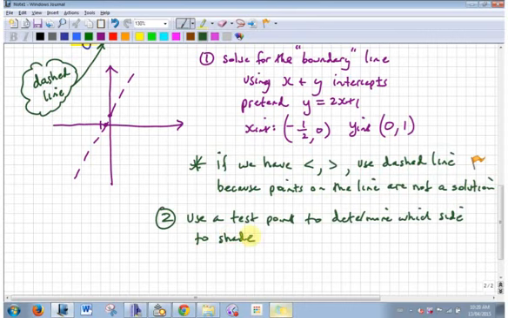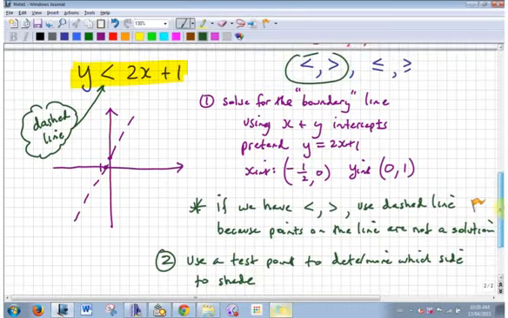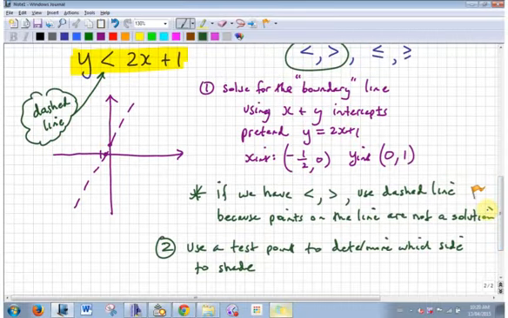The shaded part's going to be the solution area. So, what point do I want to use? I can use any point I want. If it works in this equation, then it's a solution point, and I'm going to shade the side where that point is. And if it doesn't work, I'm going to shade the other side.